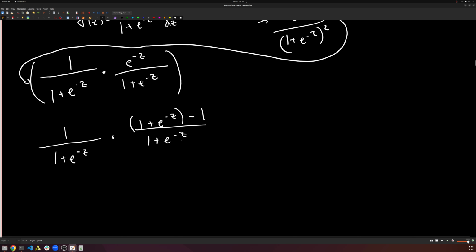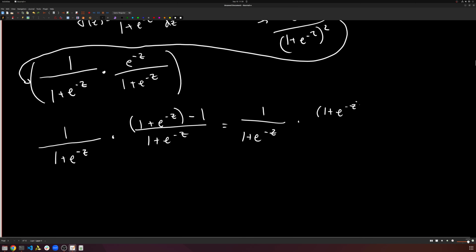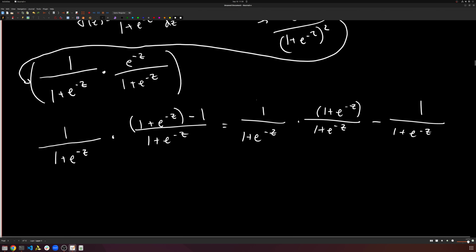We're just adding 1 and subtracting 1, so nothing changed. Then we can rewrite this as 1 over 1 plus e to the negative z times 1 plus e to the negative z over 1 plus e to the negative z, minus 1 over 1 plus e to the negative z, because a minus b over c is a over c minus b over c.